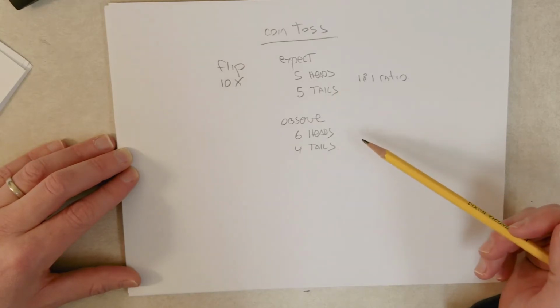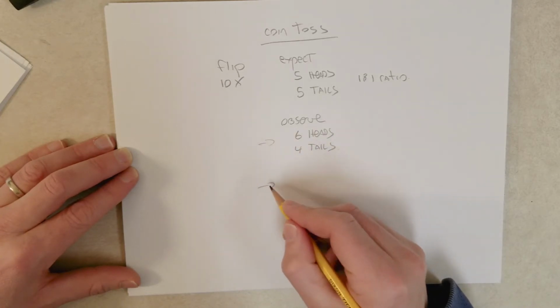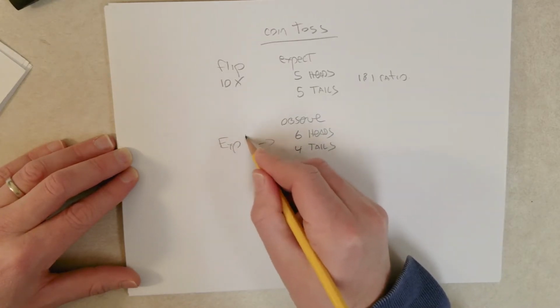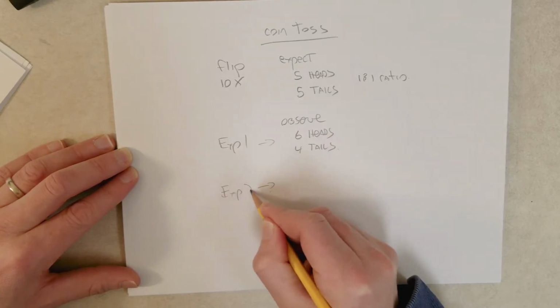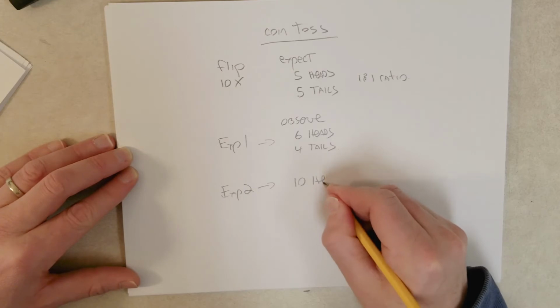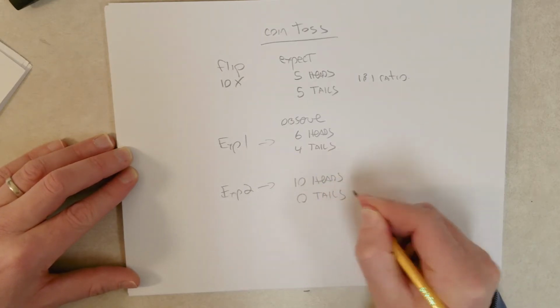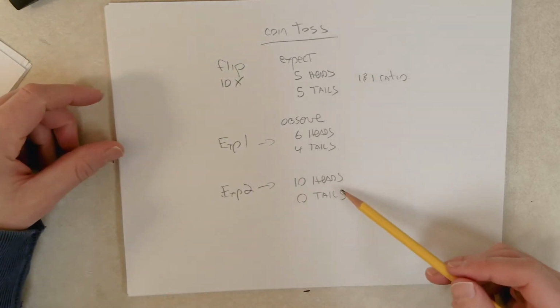However, what if we did the experiment, let's say this is experiment 1, and this is another experiment, experiment 2, say maybe with a different coin, and we get 10 heads and 0 tails? That seems highly unusual to me.